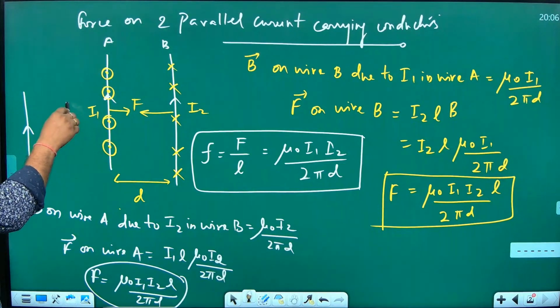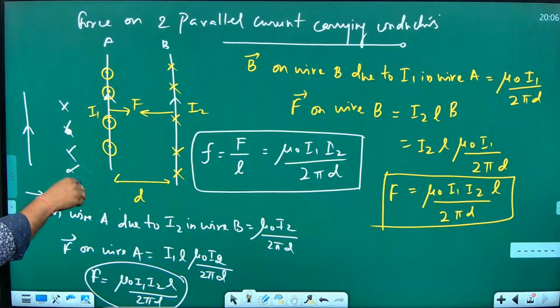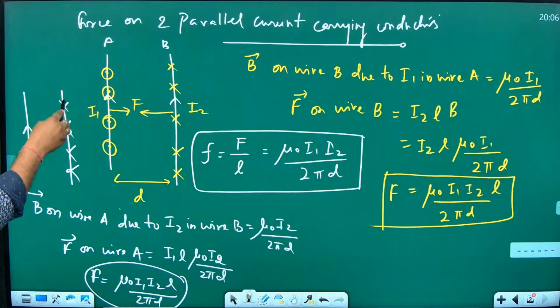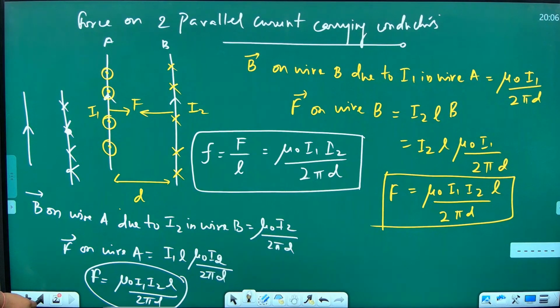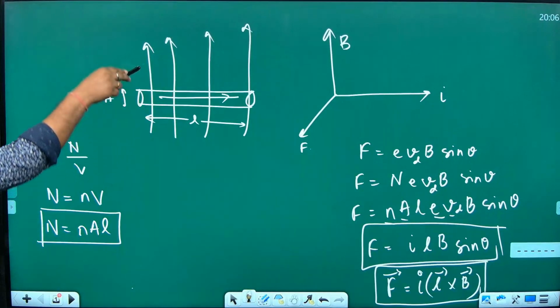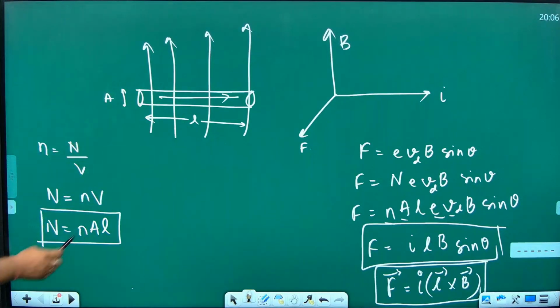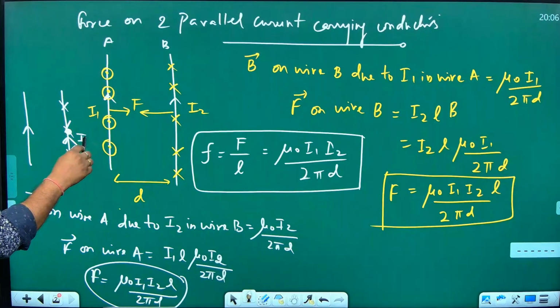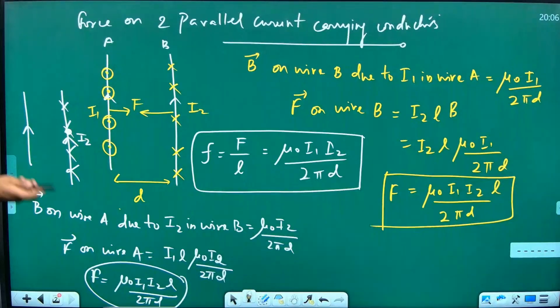And in this magnetic field, we are keeping a conductor. So first I am finding the magnetic field due to a current carrying conductor. Then I know that if you have a current carrying conductor in a magnetic field, a force will act on it. So in this magnetic field, when I have a second current carrying conductor I2, how much force acts on it? That only we are finding. Are you getting the point, Devadarshan?